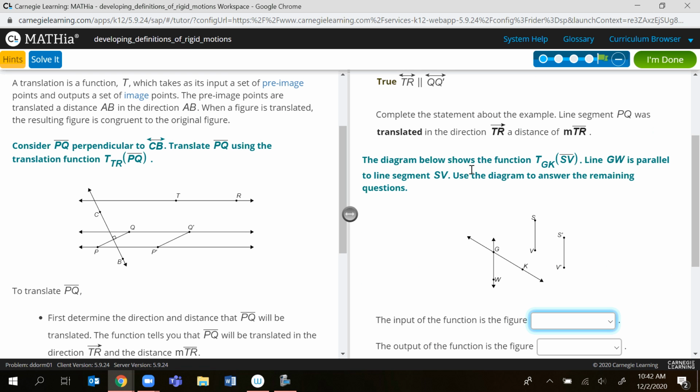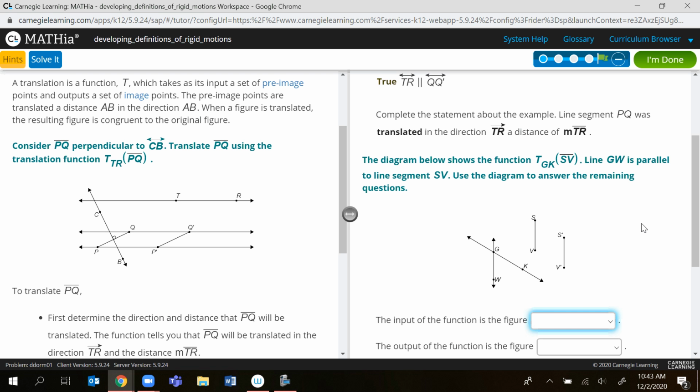Now we have the diagram below, which shows the function T_GK, which means that we're going to be looking at measure GK and direction GK, SV. So here's my SV. Line GW, right here, is parallel to the line segment SV. Use the diagram to answer the remaining questions.